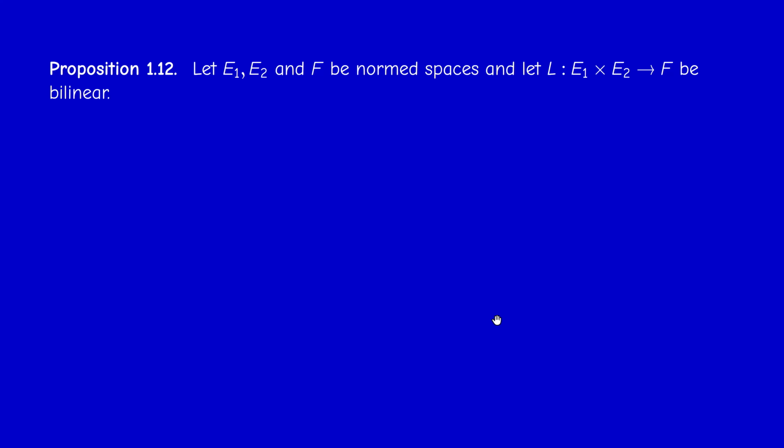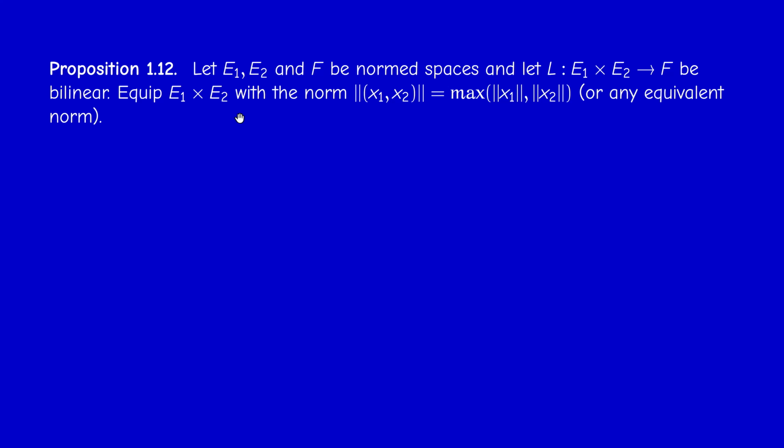Now we give several characterizations of continuity. Suppose that we equip the vector spaces with norms. So we have three normed spaces, and a function of two variables defined on E1 times E2, and we want to know when it is continuous. Of course, we have to put a norm on the product.